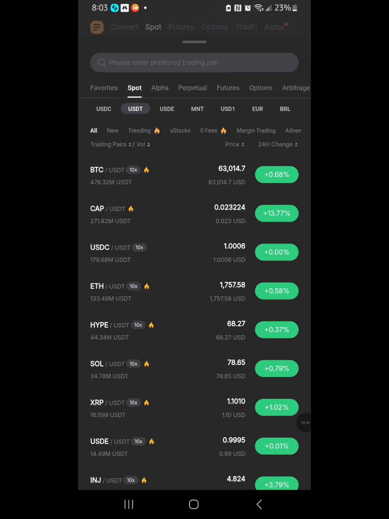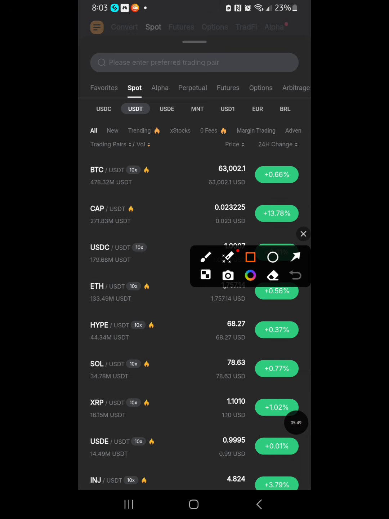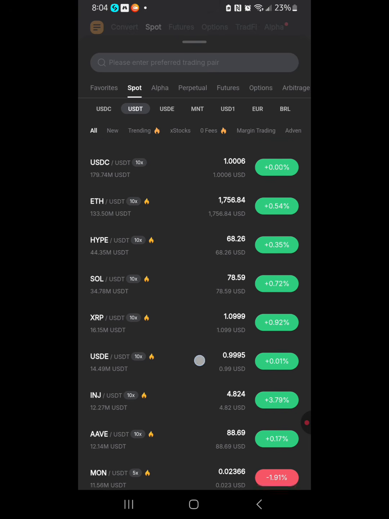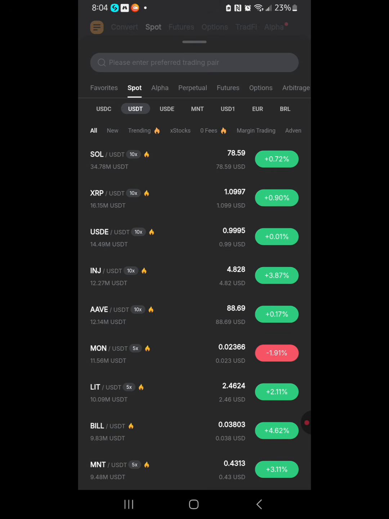Although you can still look for other currencies via USDC or other alternatives, in this case we'll be using USDT as it tends to be more liquid than the rest of them. So on this section you will need to pick pretty much any cryptocurrency at all.